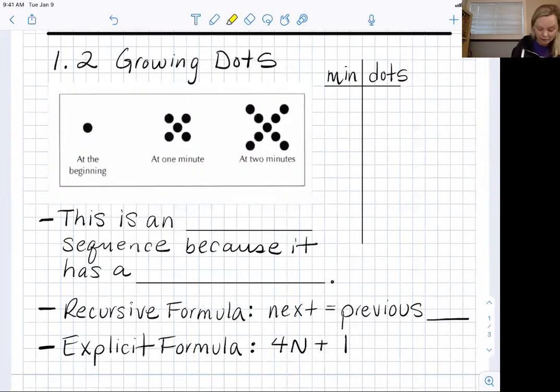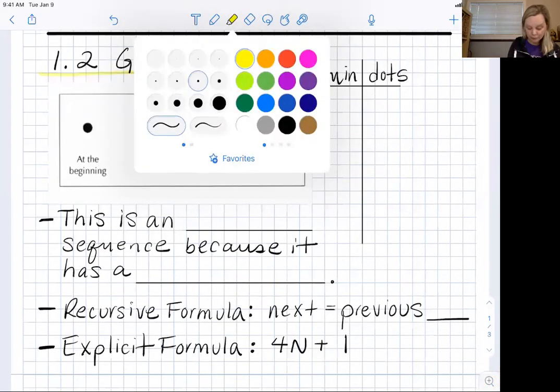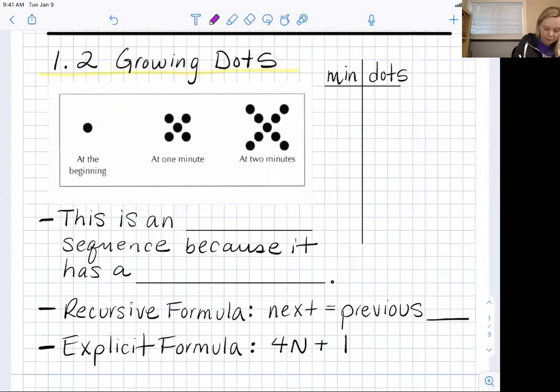Next, we looked at 1.2, which was an idea called growing dots. We looked at how to visualize that pattern, and the one that came up the most as we were visualizing was this one. At the beginning, we saw that one dot, and we noticed that that one dot carried all the way through to each one of those additional minutes.